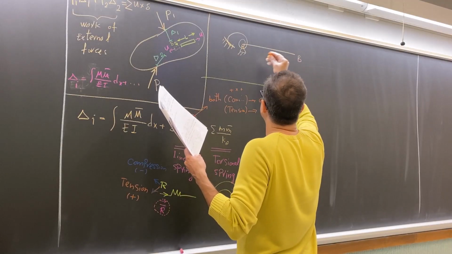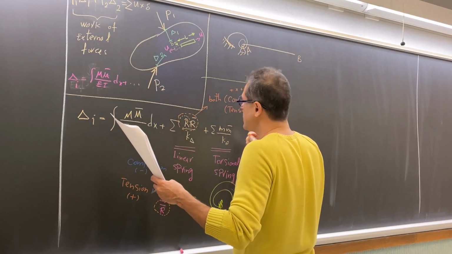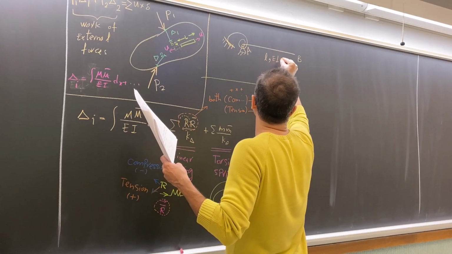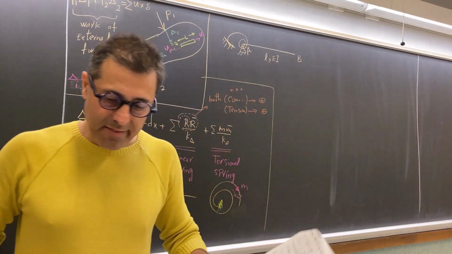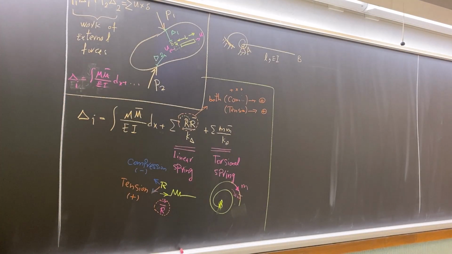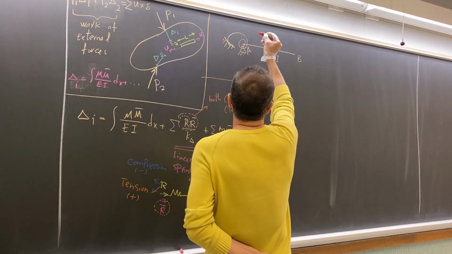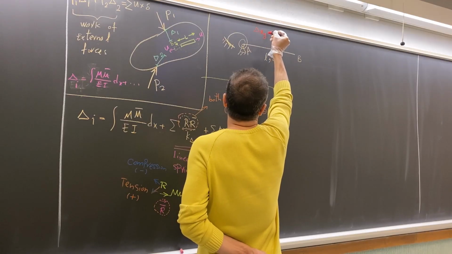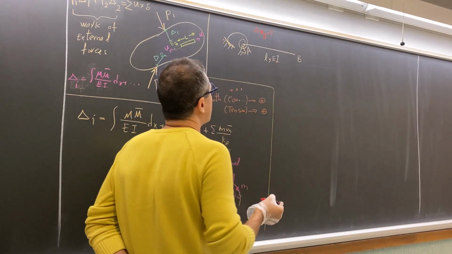This was point B, this one point A. The length of the beam is L, the rigidity is EI. And then the question asks you to find the displacement of point B. So basically, delta B Y was the question.